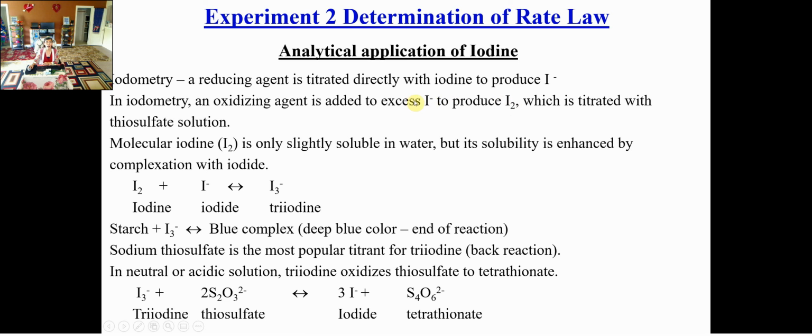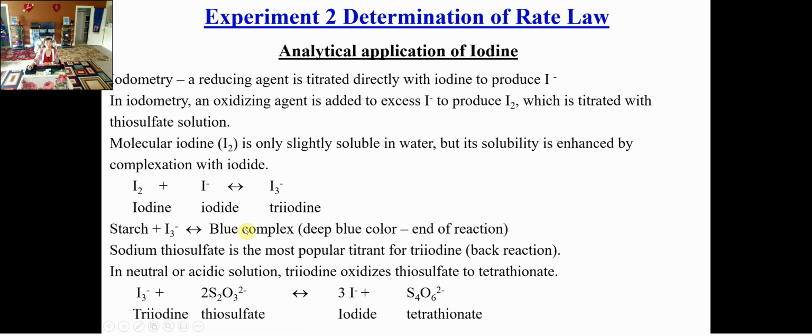If you have iodide in excess, you are going to titrate this excess iodide with thiosulfate, S2O3 2 negative. This is the reactant you use to do the back titration.